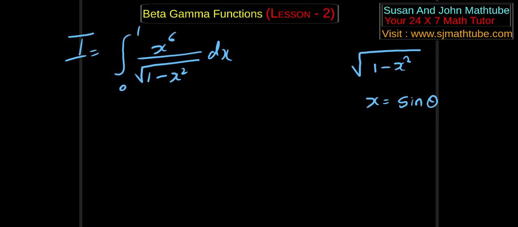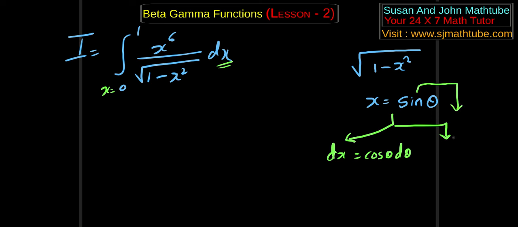And whenever you make a substitution in a definite integral, two things change: the differential, and second thing, the limits, because this limit belongs to x. The variable of the original integral is x, so this limit belongs to x. Okay, come on, now tell me what is theta equal to.